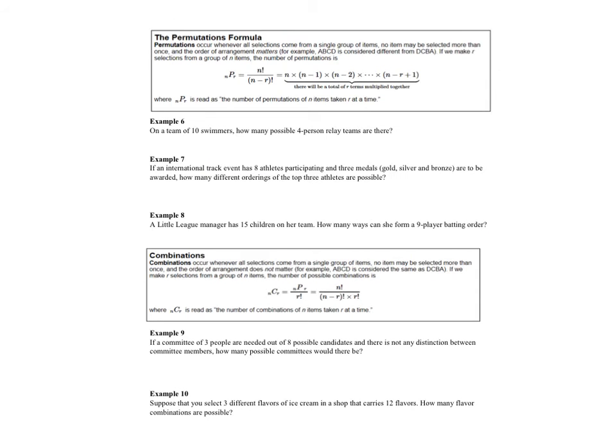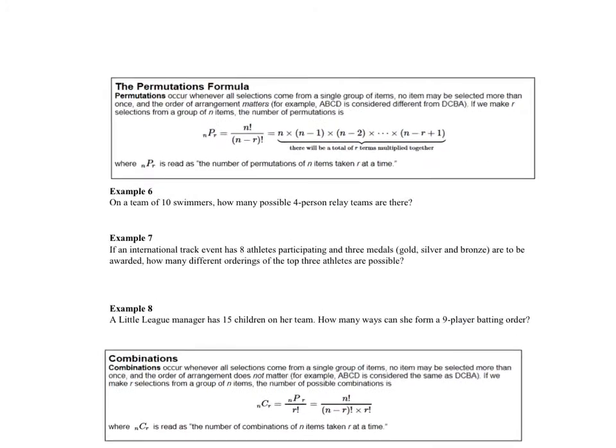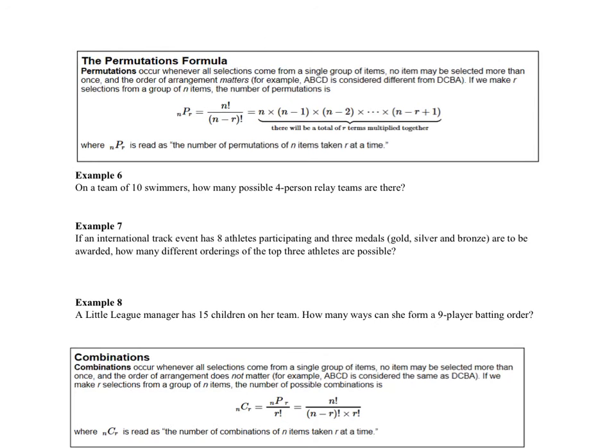Now, this method of ordering things leads us to what we call the permutation formula. It says, on a team of 10 swimmers, how many 4-person relay teams are there? Well, we get this new formula up here. It's called nPr, or n permutate r things.